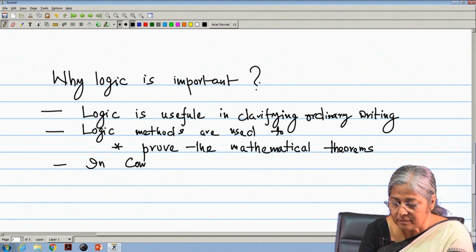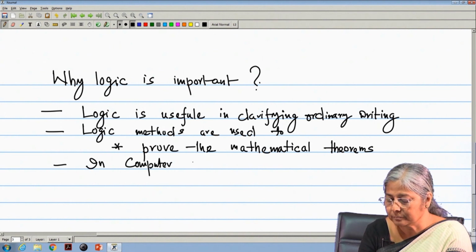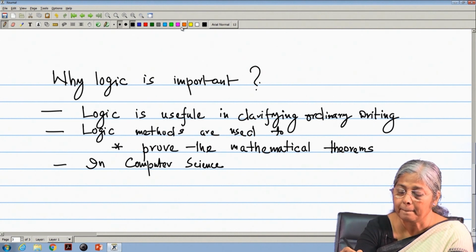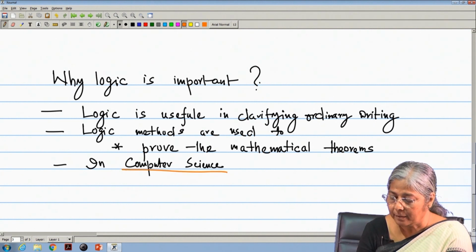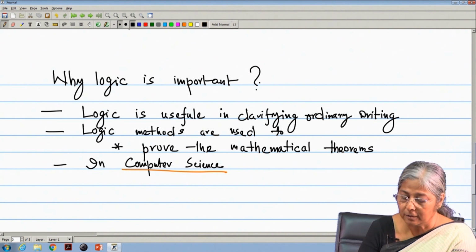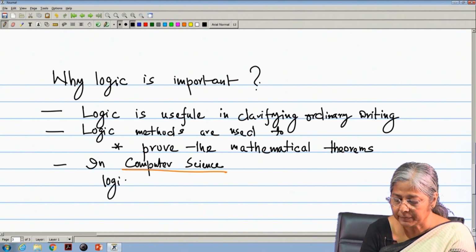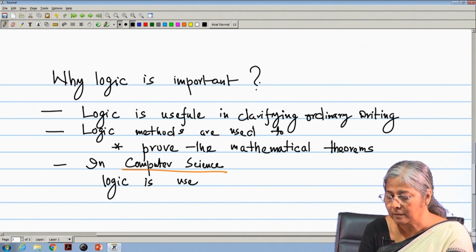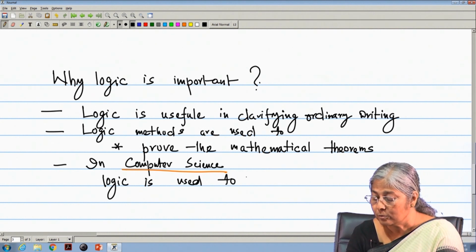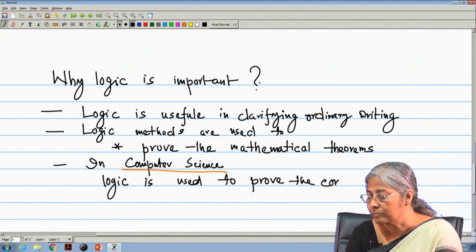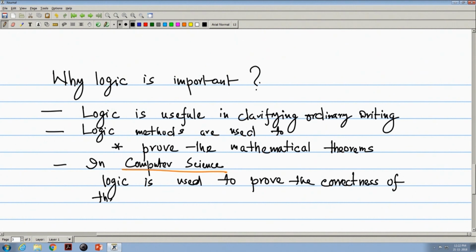In computer science, logic is used to prove the correctness of the program.